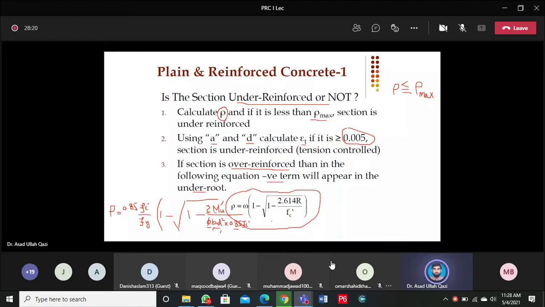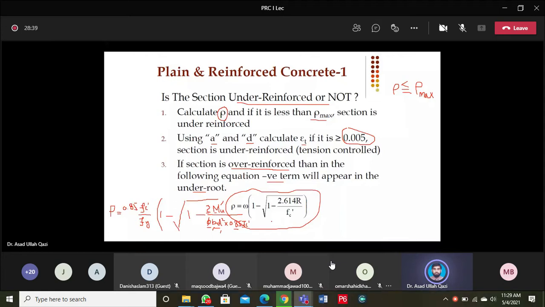So in application of this equation to calculate rho for design purposes, if you get a negative sign under the root, that will be a caution for you that you need to revise the cross section.